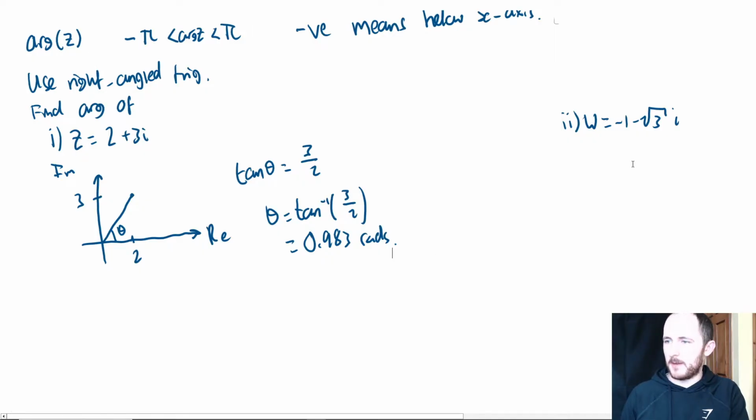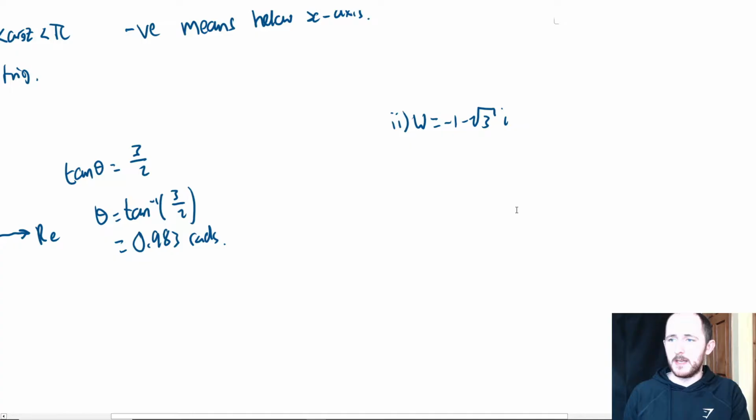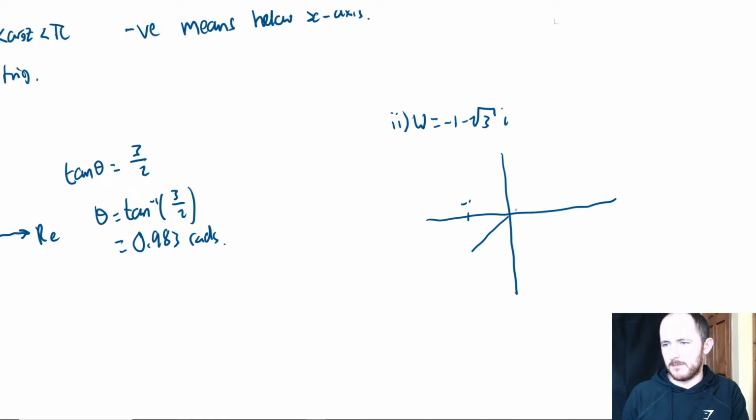And for the next part, we have minus 1 minus root 3i. I know this is going to be in the bottom left quadrant, so I'm going to draw it down here somewhere. This is going to be 1, this is going to be minus root 3. First we're going to work out this angle, which we can call phi, for instance.